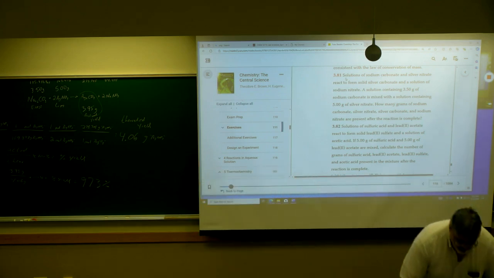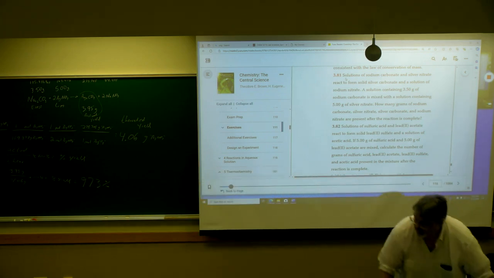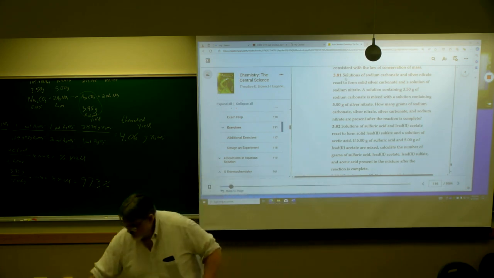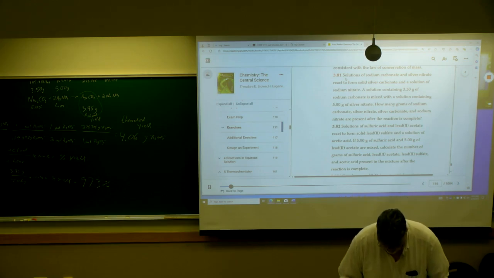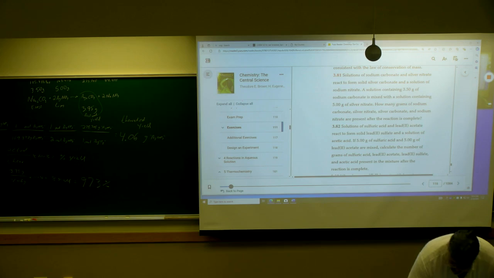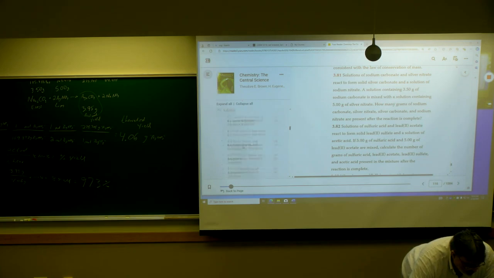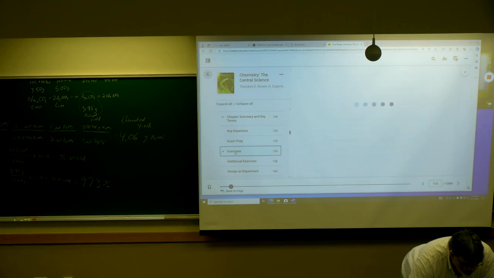So limiting and excess. Like I said, I'll squeeze that one onto the test. Precipitation reactions. Okay, exercises.